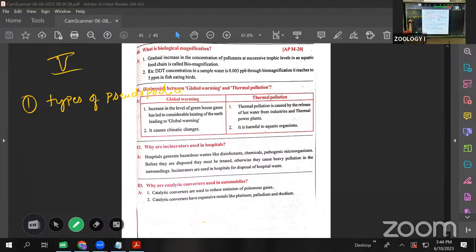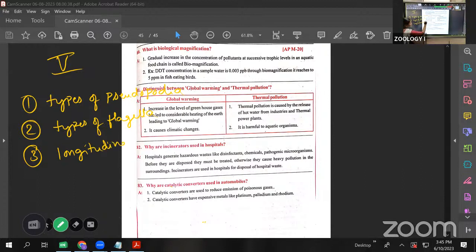Next, the types of flagella, based on the lateral appendages, and the longitudinal binary fission in Euglena.